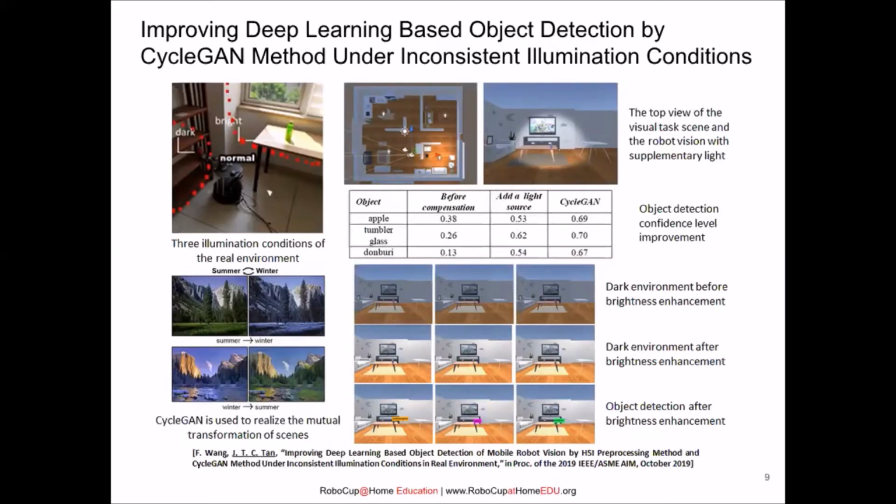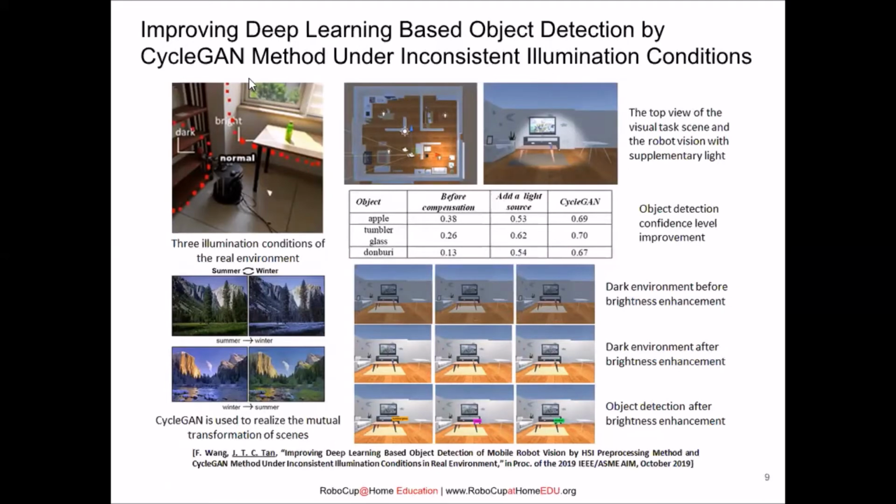You can easily observe that the lighting condition in one room is very different. For example, in this picture, in this corner, this object, in the morning we have the morning sun and it is very bright, so the image is overexposed, for example.